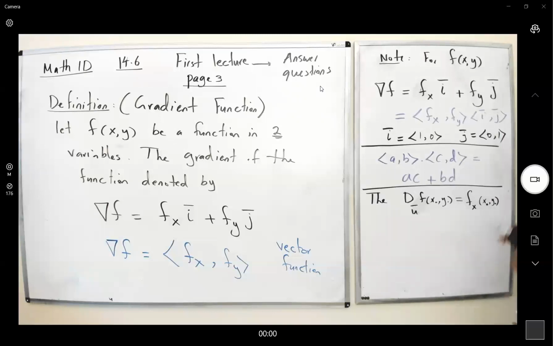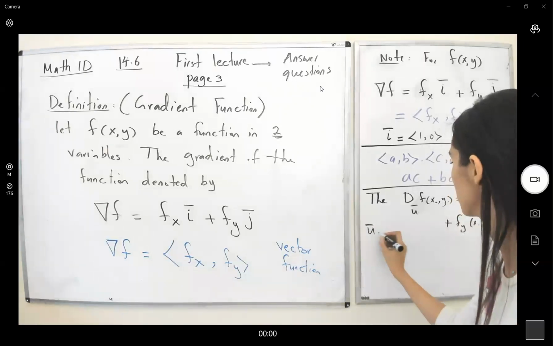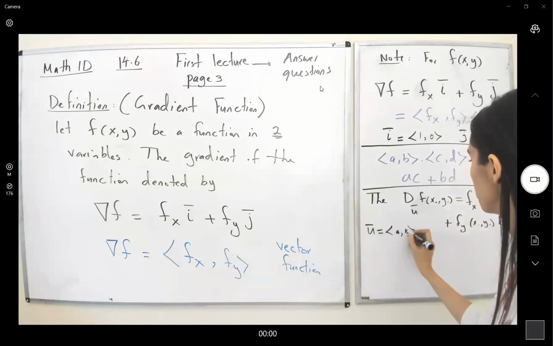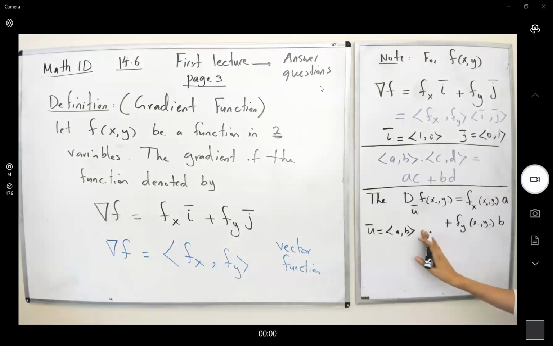You multiply that by a, plus f sub y evaluated at (x sub 0, y sub 0) times b. And remember that if you have polar coordinates, we can use cosine and sine. Note that (a, b) is a unit vector. So what's the connection between directional derivative and actually the gradient of a function? What are those relations.